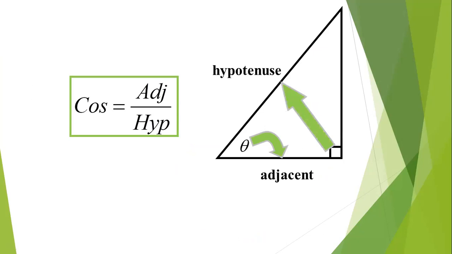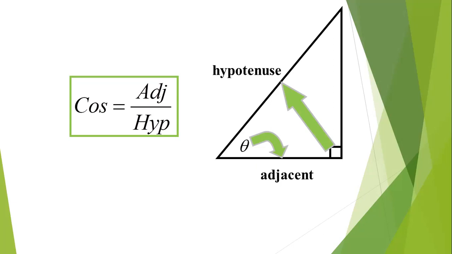If this is your theta, the adjacent side is this one and the hypotenuse is always this. Now, if your theta is on this side, so this is the unknown angle, then your adjacent side is this one and the opposite side is this one.